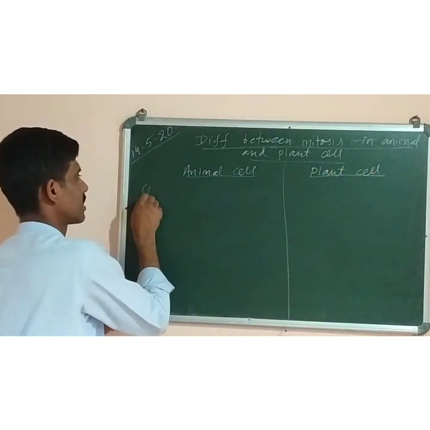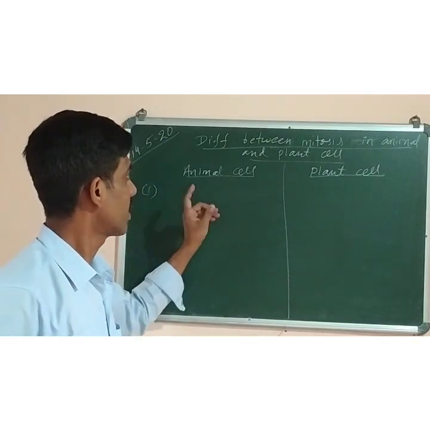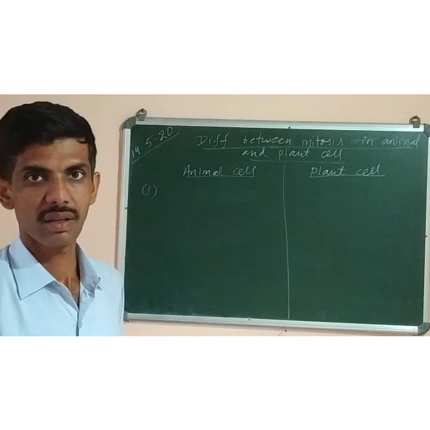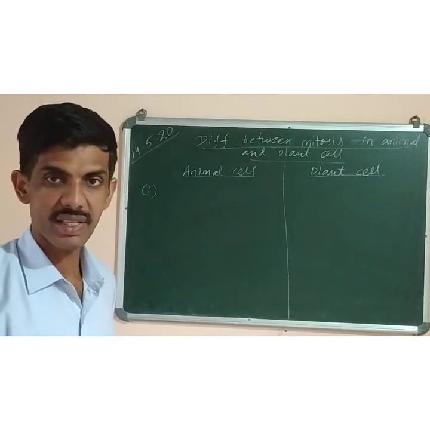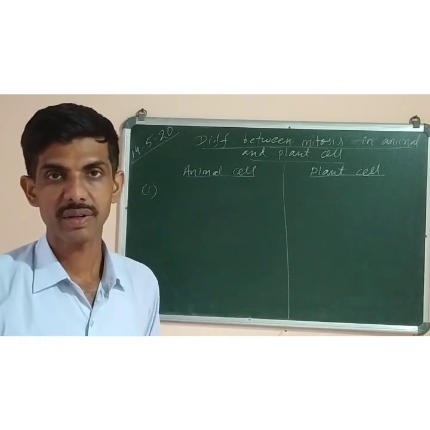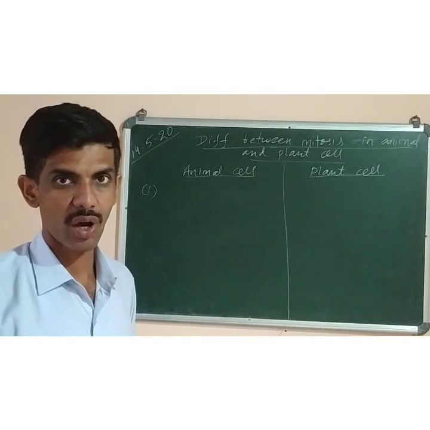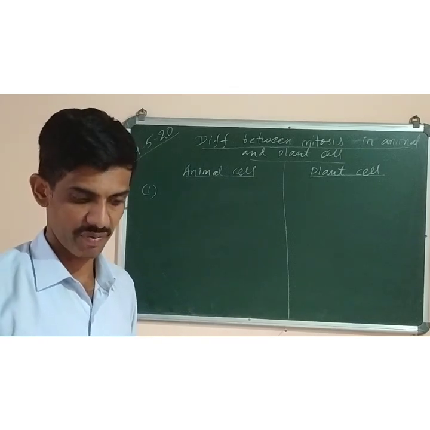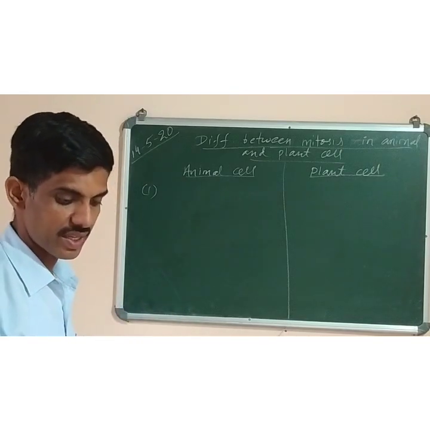Now, first difference between animal and plant cell mitosis. Number 1, in animal cell, during mitosis, the cytokinesis occurs by cleavage formation. So first point, you can write centriole is present.